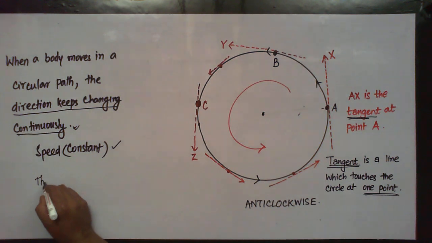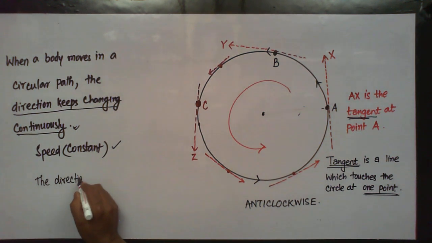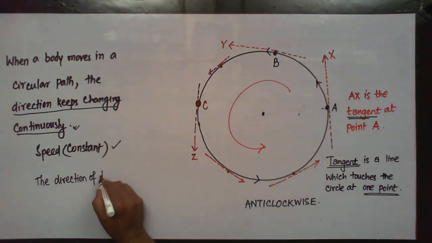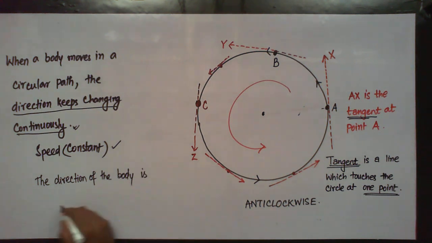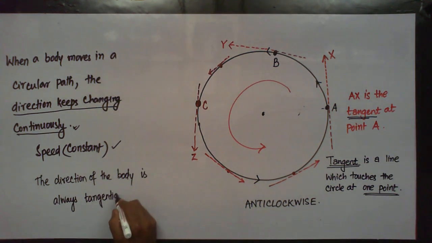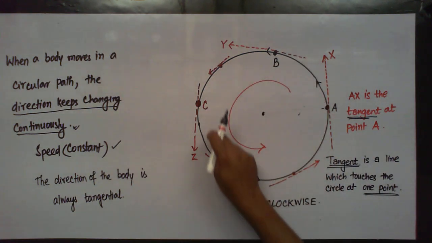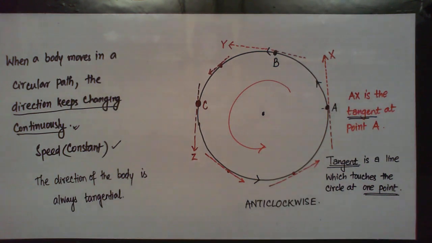The direction of the body is always tangential. So when the body is moving in a circular path, the speed remains constant, the direction keeps changing continuously.